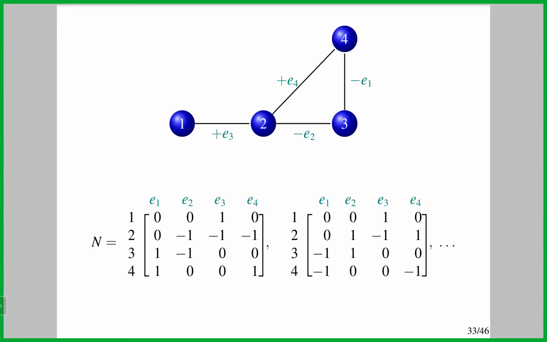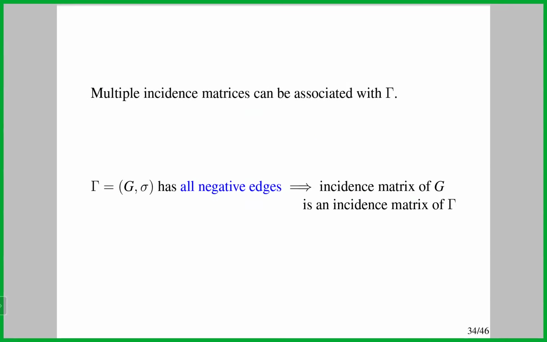If you look at the second incidence matrix, I chose differently there. There are many choices for each column: you have two choices, so you can multiply each column by a negative sign and get another choice. Because of these multiple choices, things are complicated. For example, if you have a graph that has all negative edges, then the incidence matrix of the underlying graph would be an incidence matrix of the sign graph.